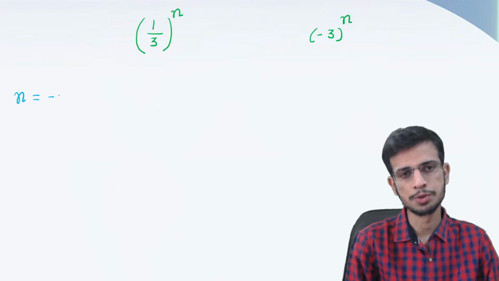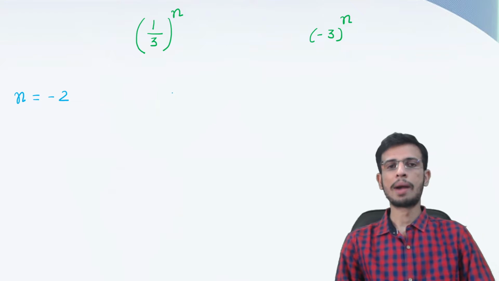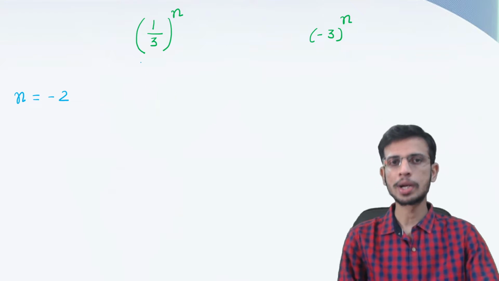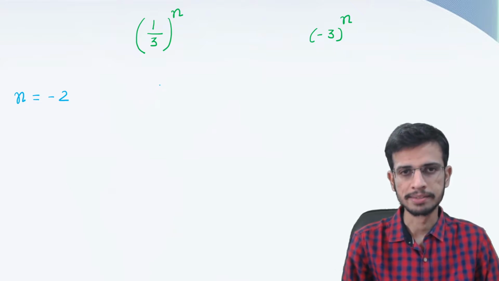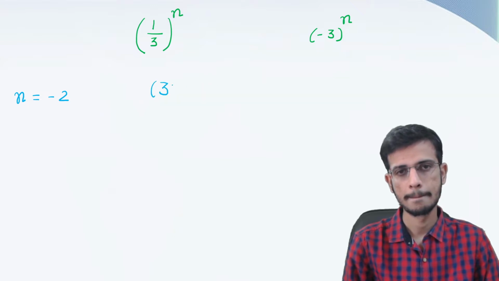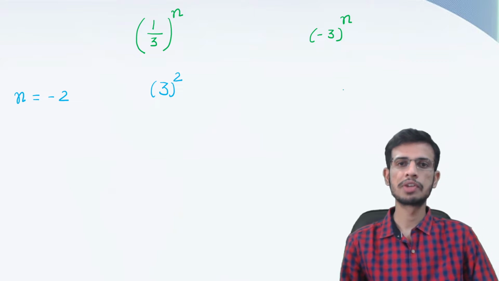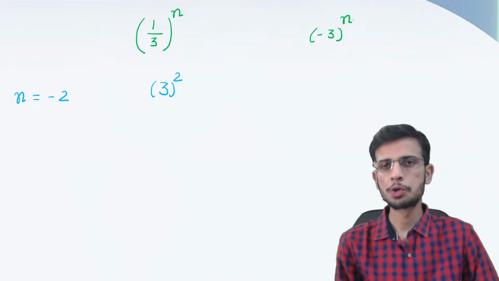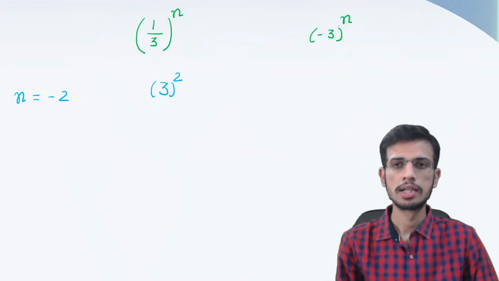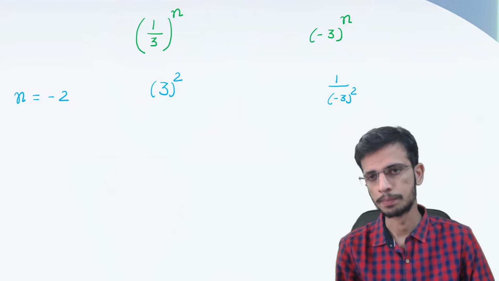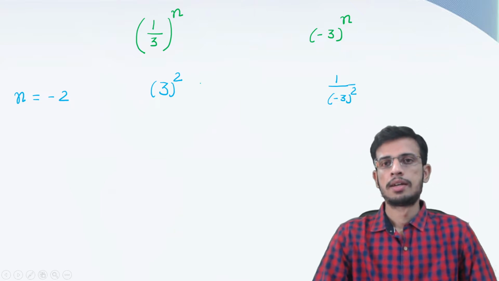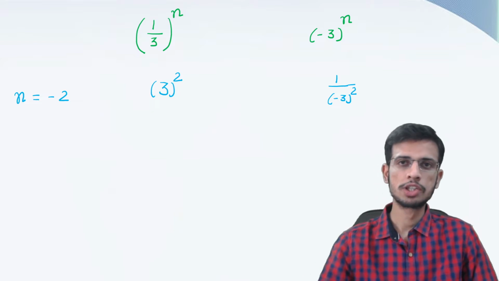If you put n equal to minus 2, you will get 3 raised to 2. 1 by 3 raised to minus 2 will become 3 raised to 2, it will become 9. And this will become minus 3 raised to minus 2. It will become 1 upon minus 3 raised to 2. Negative power is there, so we have to interchange numerator and denominator.